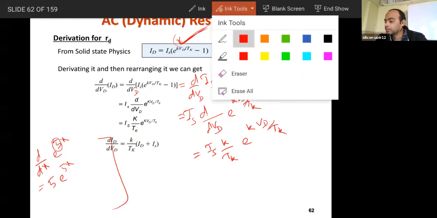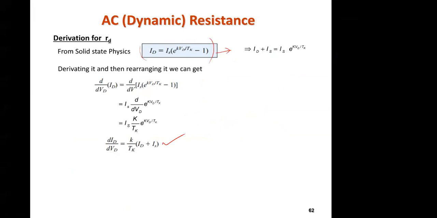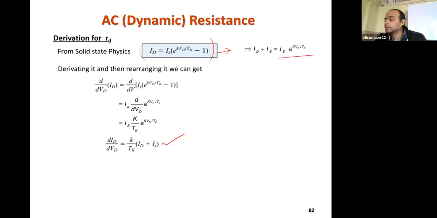Just let me erase this. Now look at this step. If this equation was given, ID equal to IS, look at the top. Can I arrange it like this? First open this bracket. Then take ID plus IS equal to IS into this much. Is it clear? So that is written over here: IS into e to the power k Vd by Tk is nothing but equal to ID plus IS.